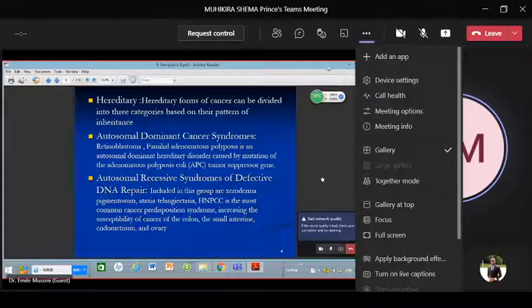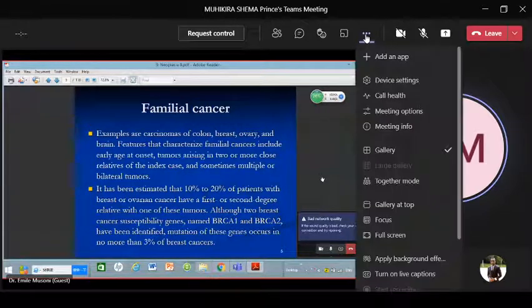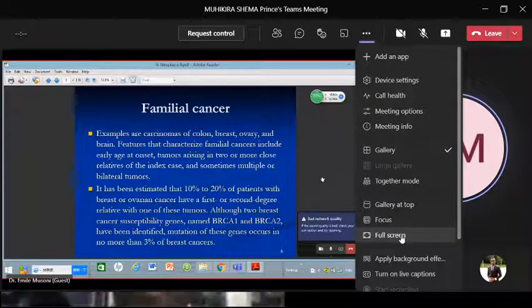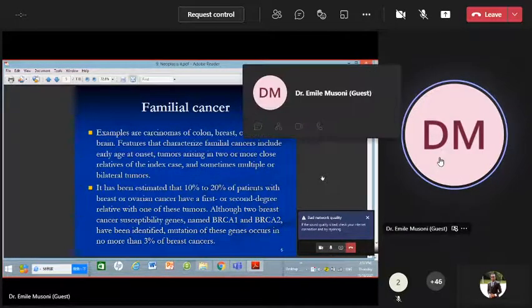There are some familial cancers. For example, colon, breast, ovary, and brain, meaning that there are some families which share those genes of cancer.